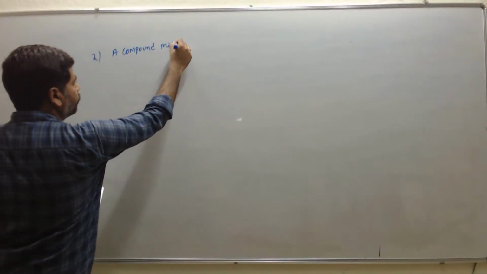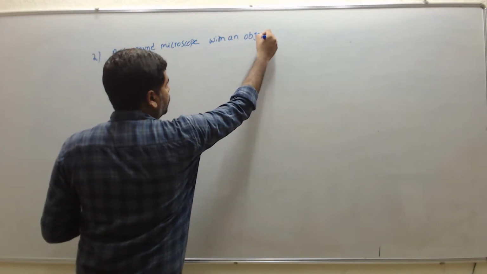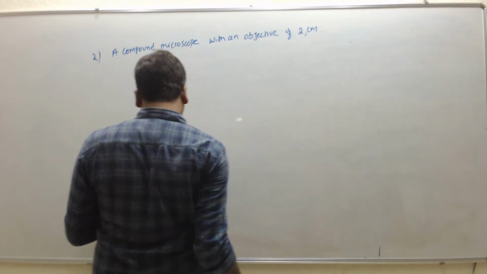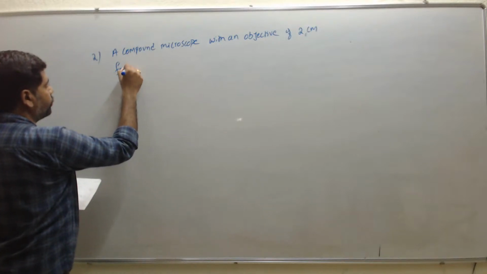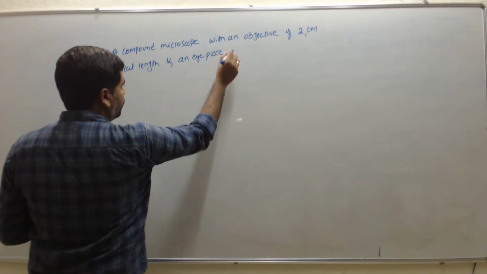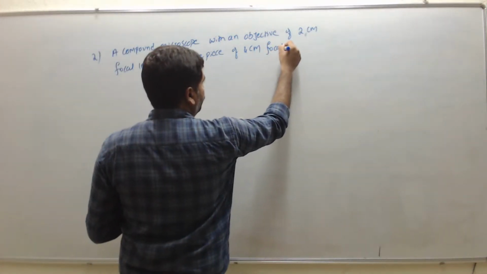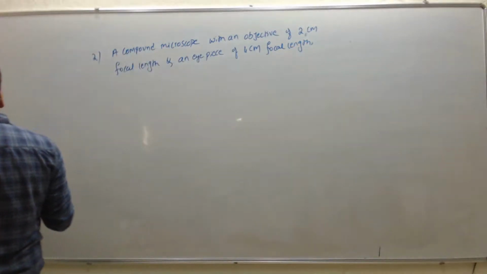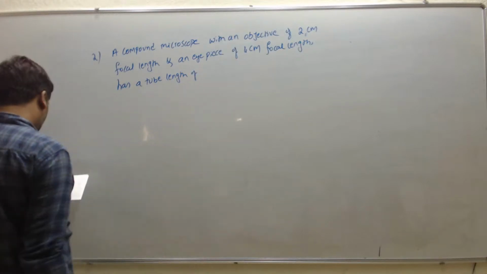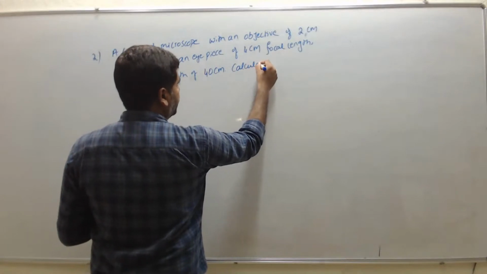A compound microscope with an objective of 2 centimeter focal length, and an eyepiece of 4 centimeter focal length, has a tube length of 40 centimeter.